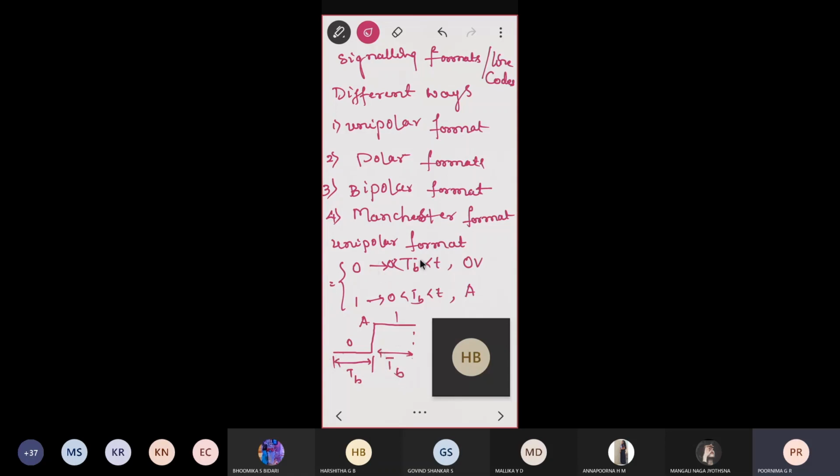So in a unipolar signaling format, when it is converted into an electrical pulse, for a bit duration of TB the amplitude considered will be 0 volts, and for bit 1 the amplitude will be considered as A. Is it clear, unipolar?